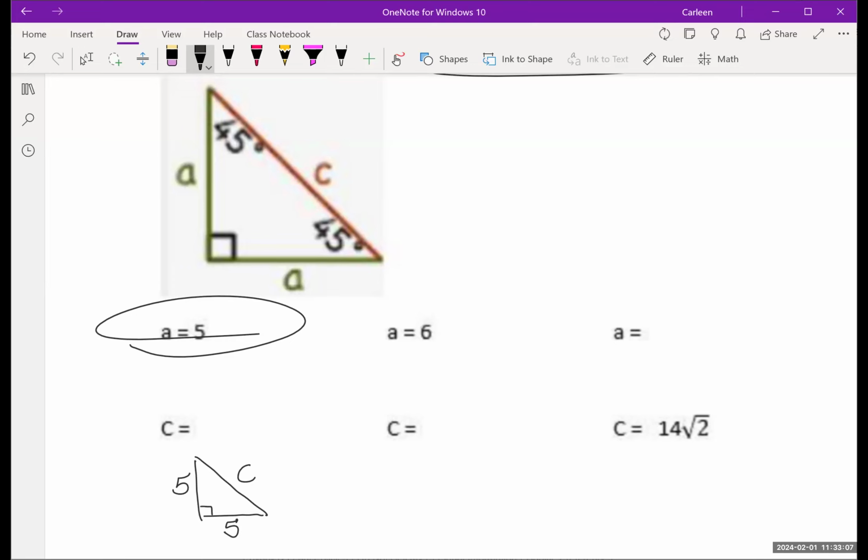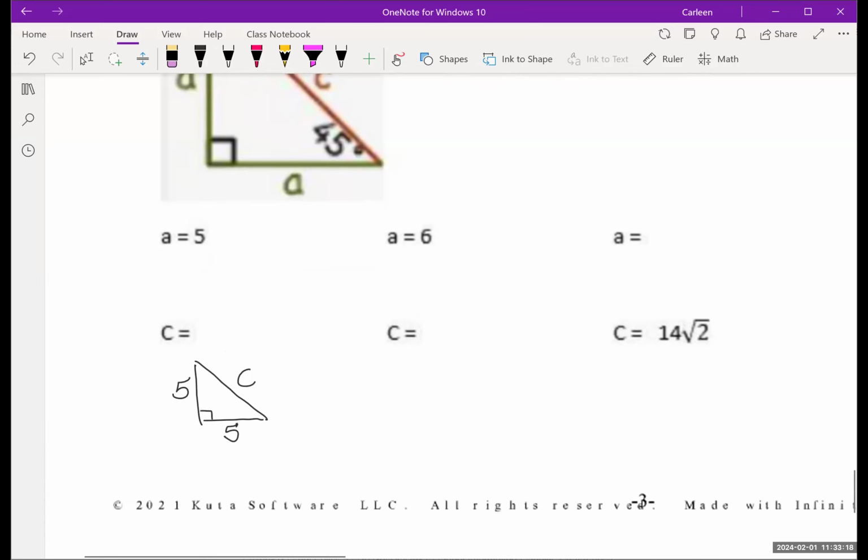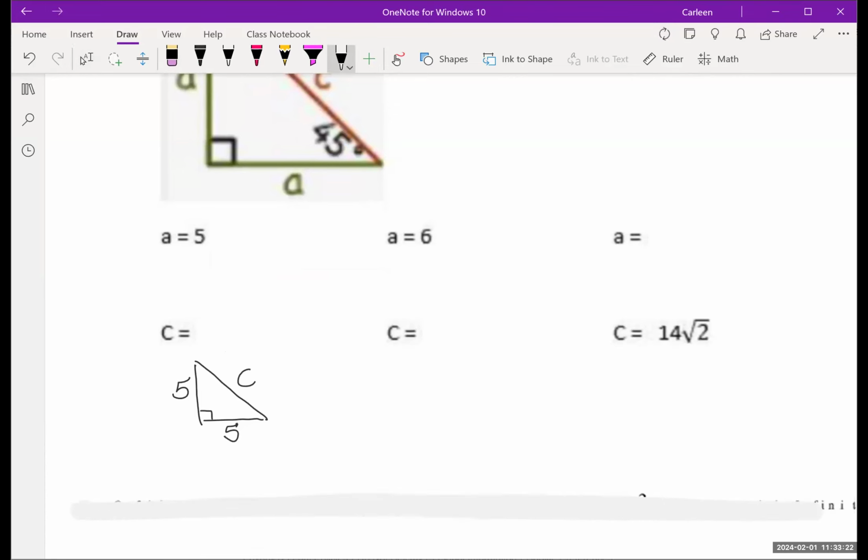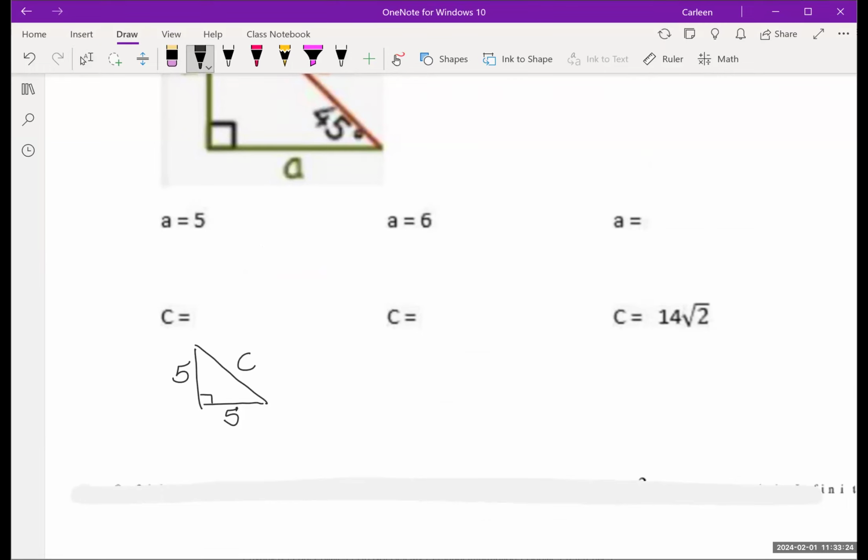So how can we find C if I know it is a right triangle? We're going to do Pythagorean theorem. So 5 squared plus 5 squared equals C squared.